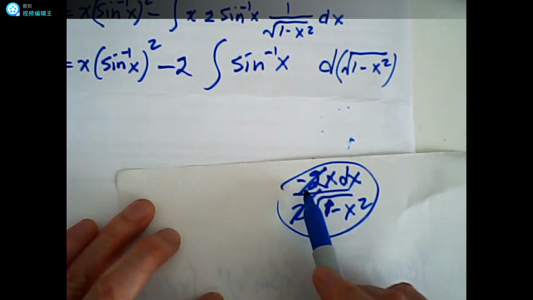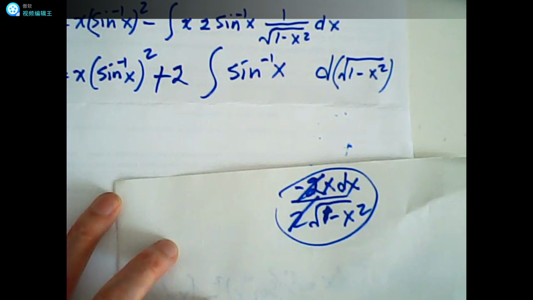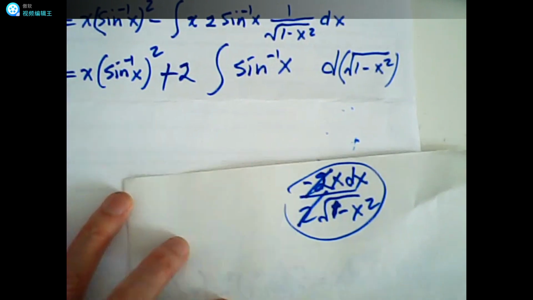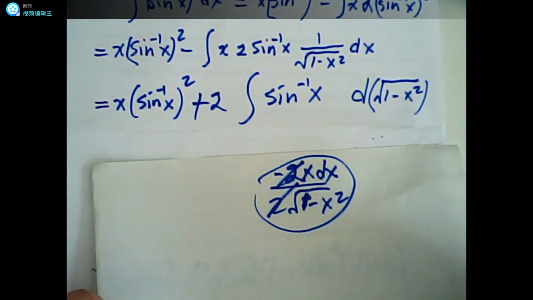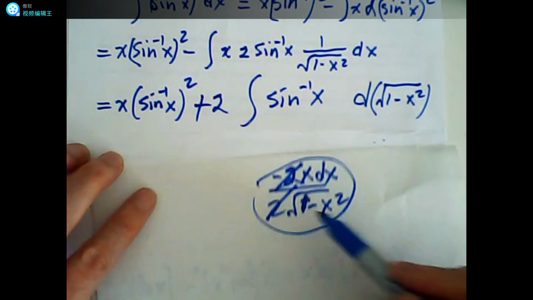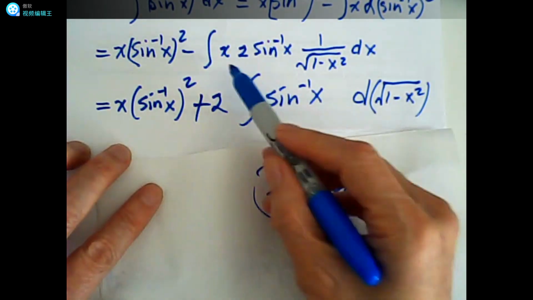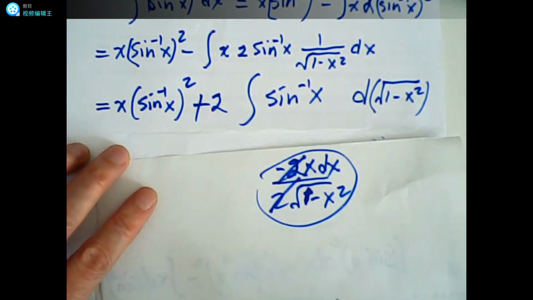But I have a negative here, so change it to positive. Everything is followed, right? So that is x over this, 2 is outside, negative changed to positive.